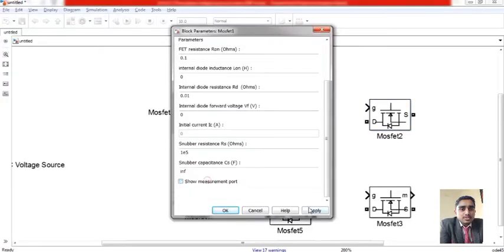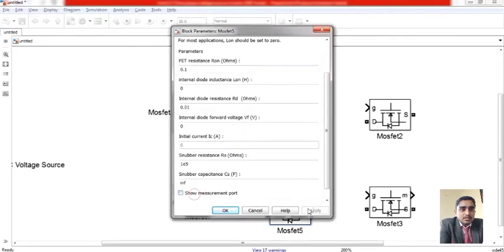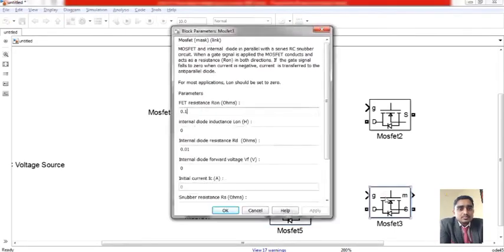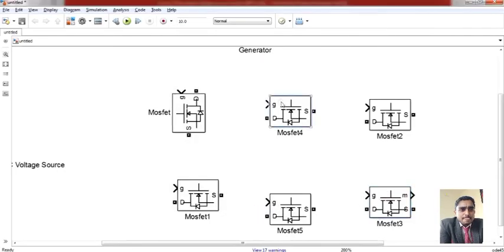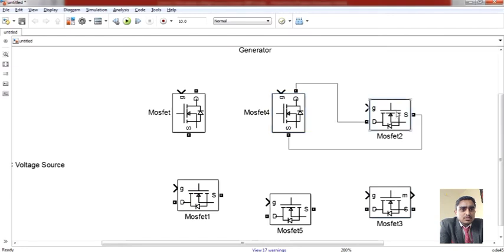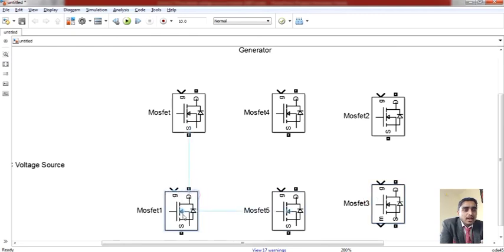So I will change the MOSFET names. The first MOSFET names I will set as M1, M3 and M5, and the lower layer MOSFETs I will name M4, M6 and M2.